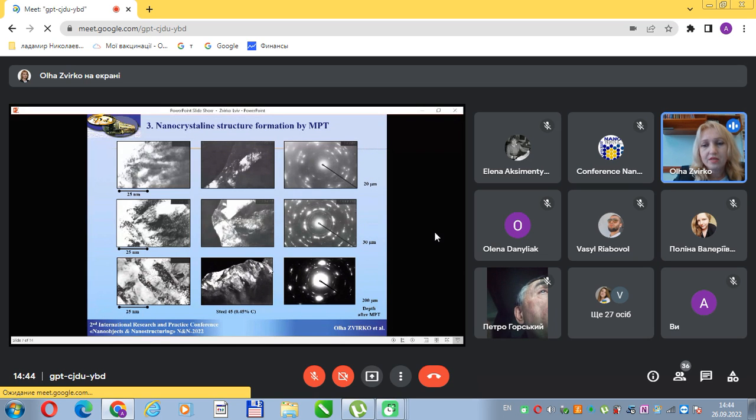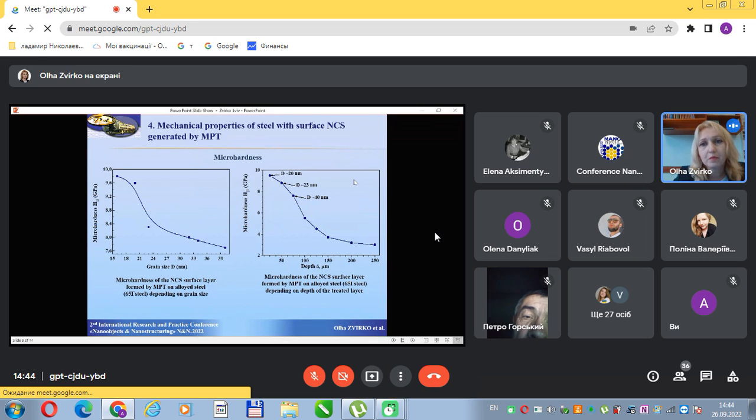Also, we have studied mechanical properties of steels with formed surface nanostructures, and we can see microhardness is influenced by grain size. So by decreasing grain size, we can get increased microhardness. And also here we can see a distribution of microhardness in the depth of the treated layer.